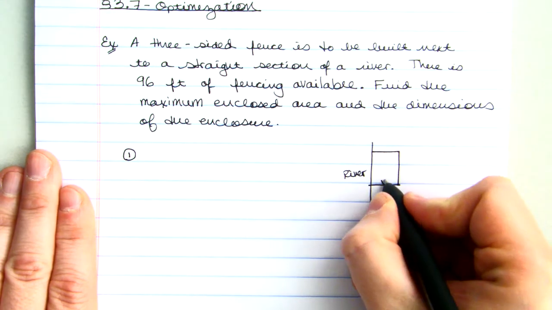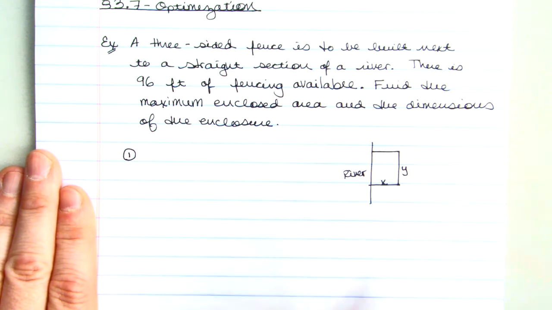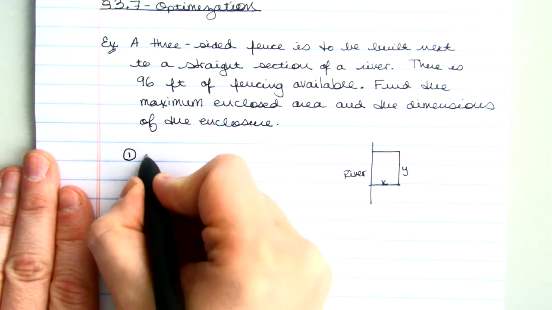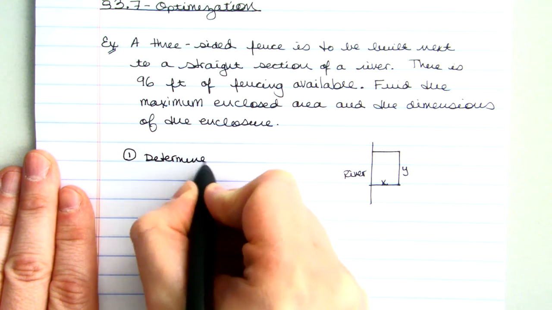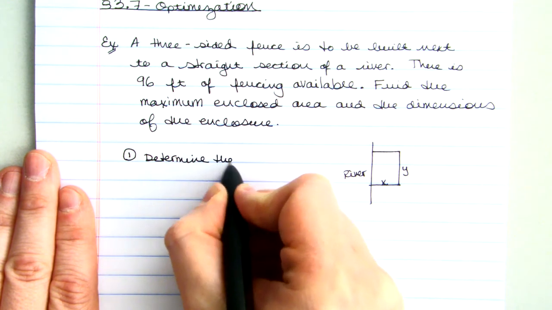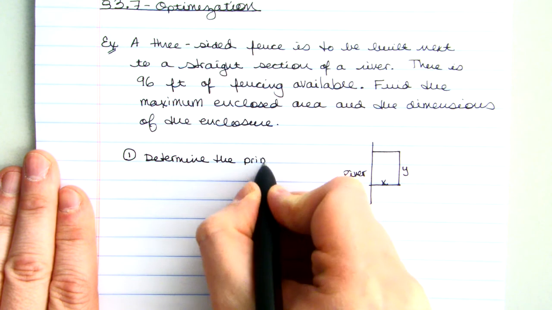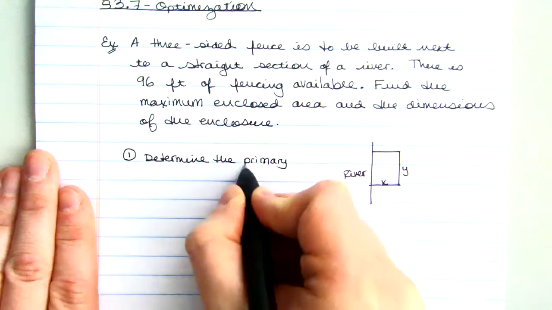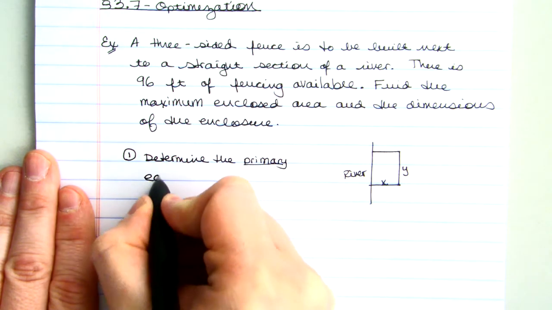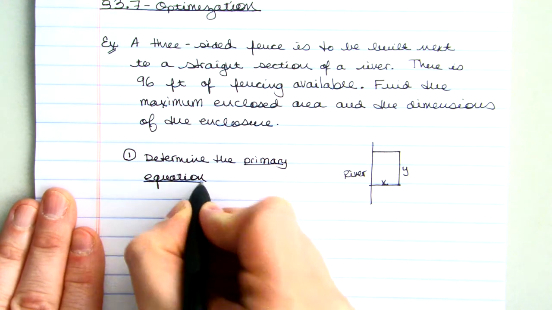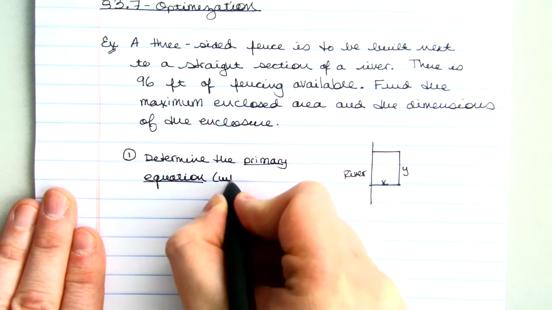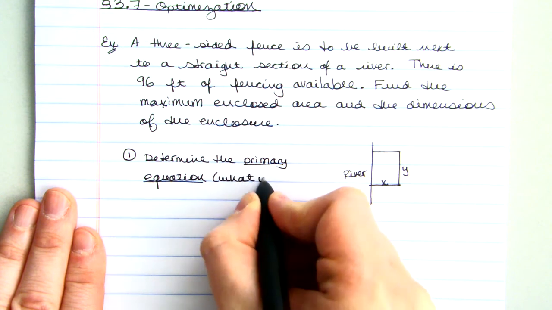I'm going to put some variables on there, x, y. I know the top's going to be x. Then, like I said before but didn't write down, I need to determine what I call primary equation, which is what we want to maximize or minimize.